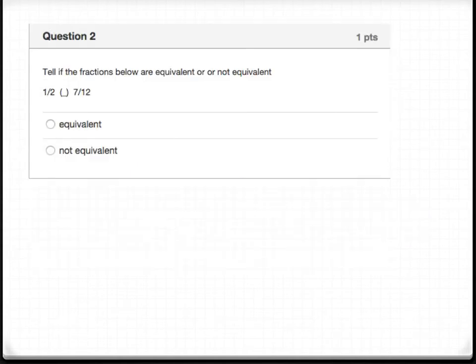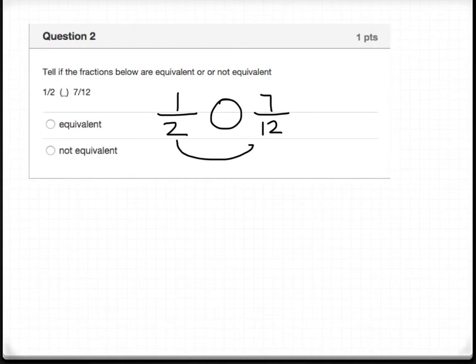What about question 2? 1/2 and 7/12. Again, I think multiplication. 2 times 6 will get me 12. 1 times 6 is not 7.